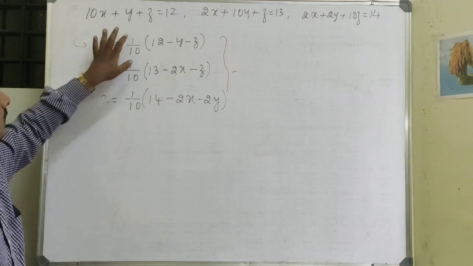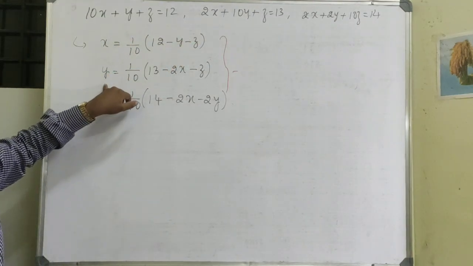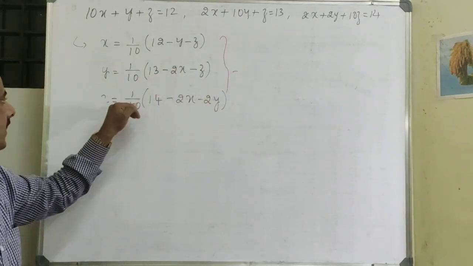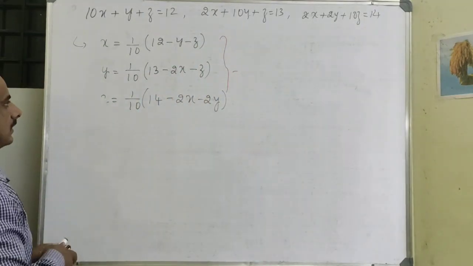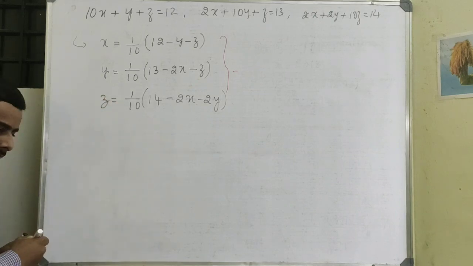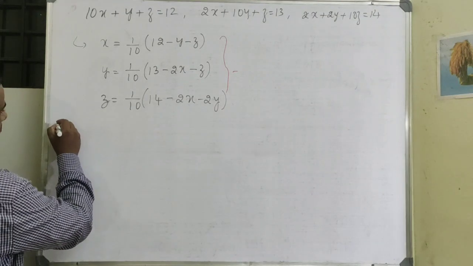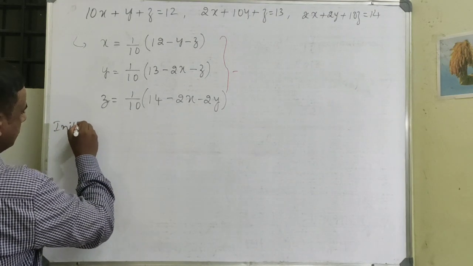From the first one, I have to write an expression for x. From the second one, write an expression for y. From the last one, I have to write an expression for z. So this is a common procedure that is common in both Gauss-Jacobi and Gauss-Seidel. Then choose initial approximation.